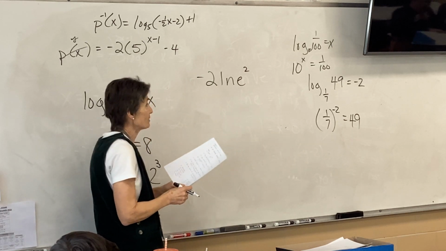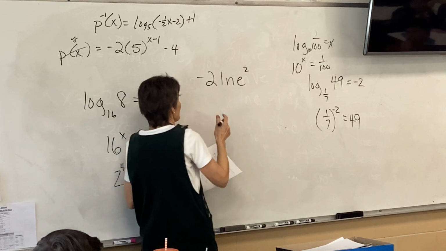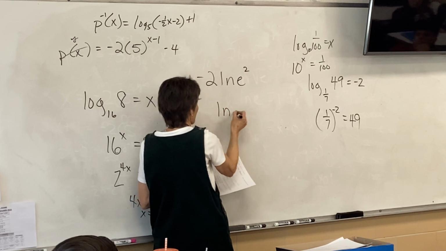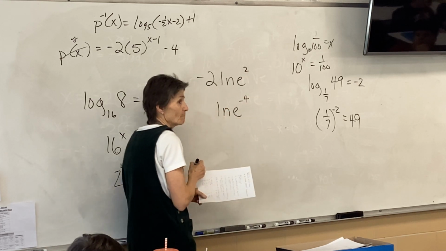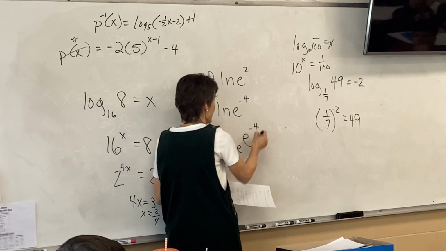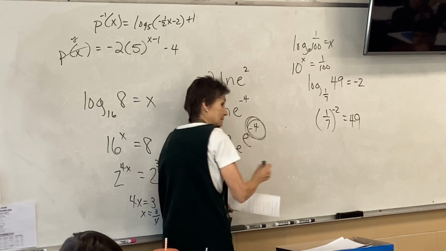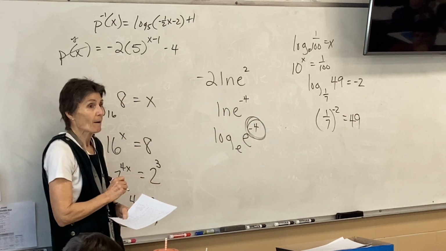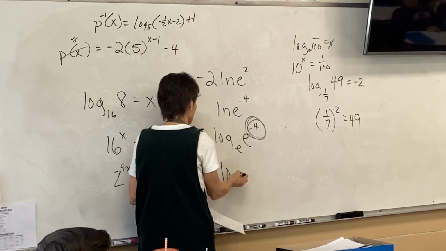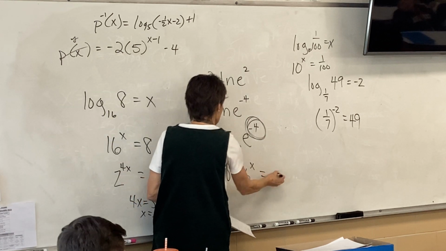Couple different ways you can think about it. You could take that guy and move him up with that exponent and have e to the -4th. What's the log base e of e to the -4th? Guys, that's a property. You need to know that the log base b of b to the x is x.